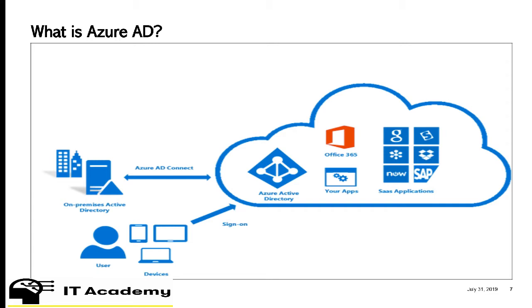Most organizations today already have a directory service in place, and that's typically Windows Server Active Directory Domain Services. Now, Windows Server AD Domain Services is not the same thing as Azure Active Directory, but we can make a hybrid identity service by joining up on-premises Active Directory with Azure AD.